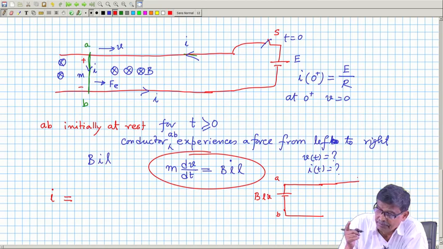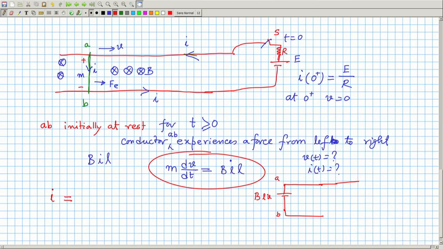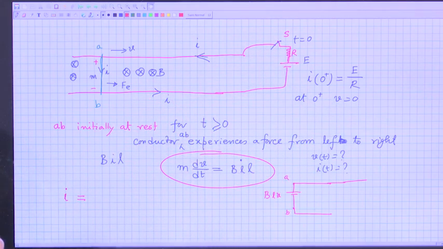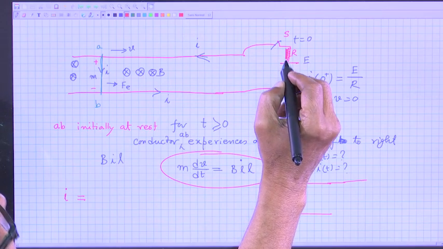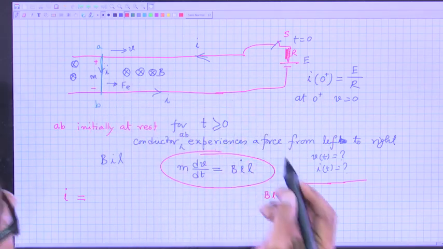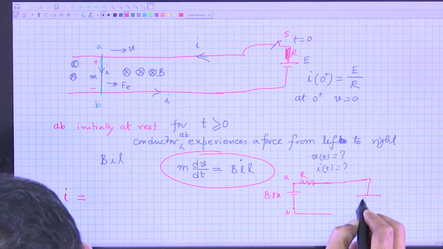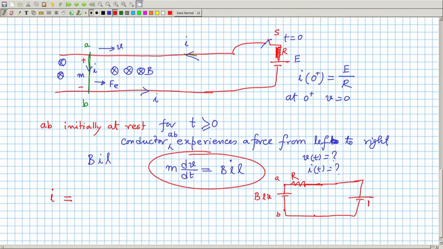Please, I will also connect a resistance here, otherwise there will be a short circuit. Suppose this resistance is the resistance of the conductor, either way. So, there is a resistance here and there is your battery voltage E, and the current direction is this. Therefore, I must say that the current is E, the battery voltage, minus this BLV, divided by R.